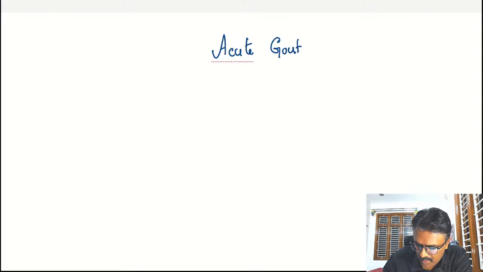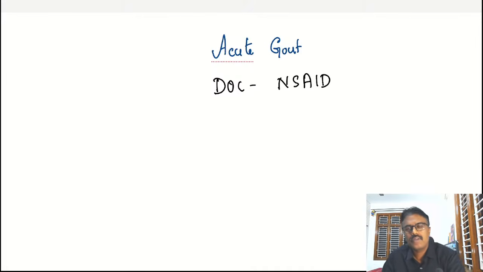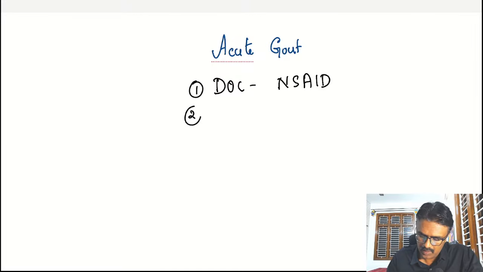Then what is for acute gout? Let us come to the picture of acute gout. For acute gout, the drugs of choice are NSAIDs. For chronic gout, the drug of choice is allopurinol. Number 2, the drug used for acute gout is colchicine.